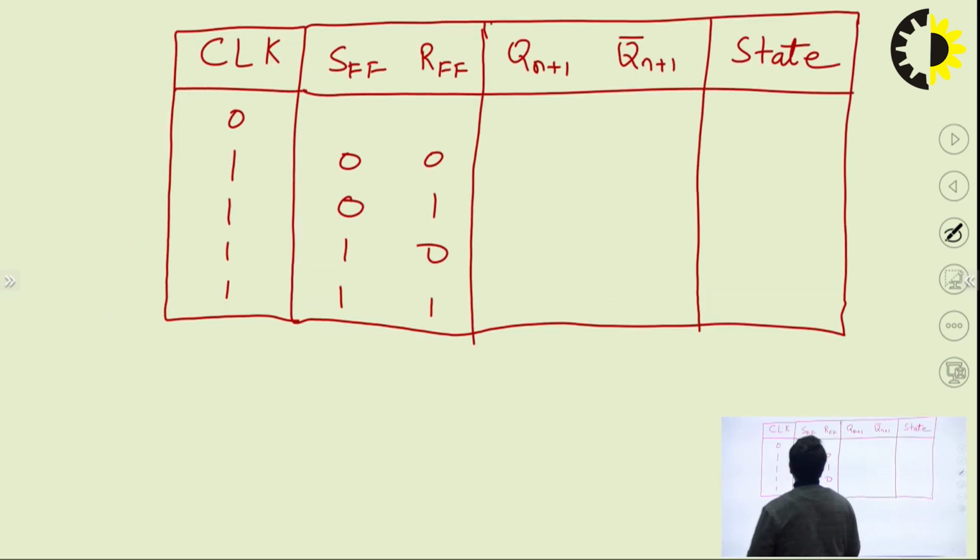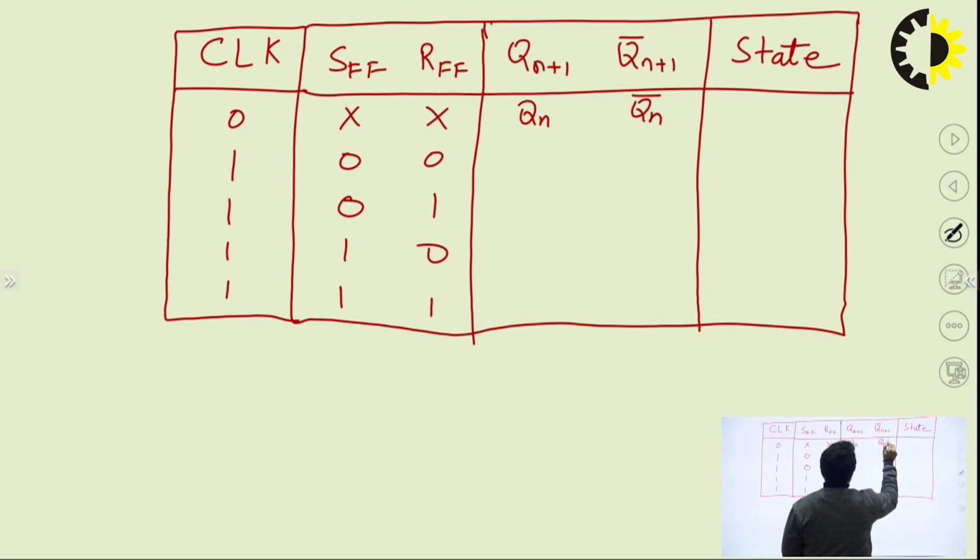Let us write the value. Irrespective of the input terminal values, your output Qn plus 1 is Qn and Qn plus 1 complement is Qn complement, meaning that it is in the hold state.